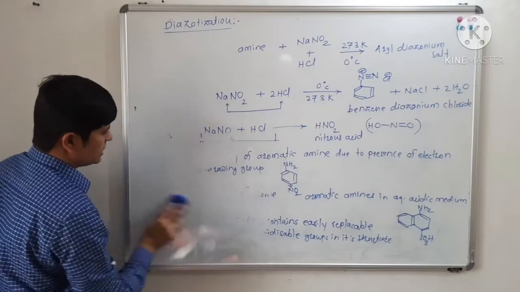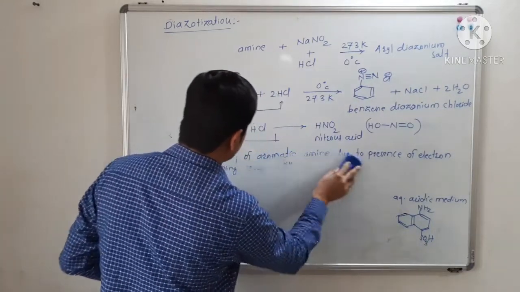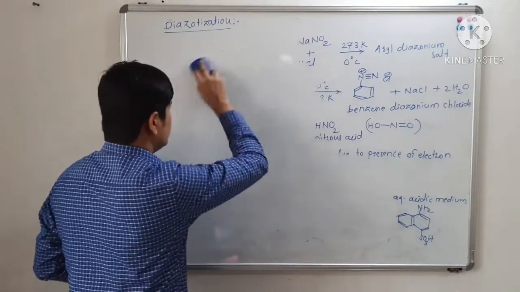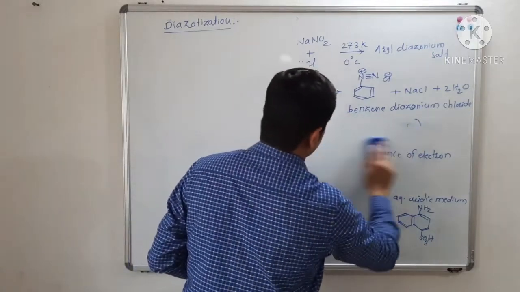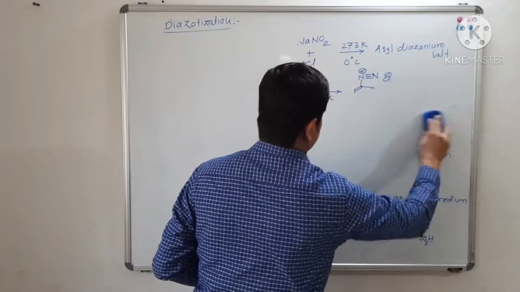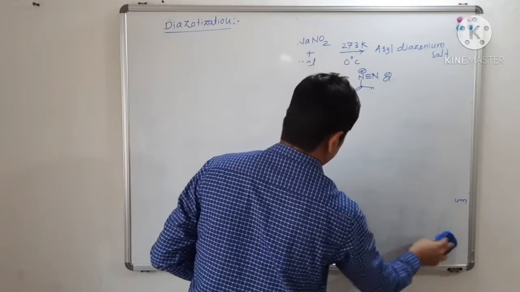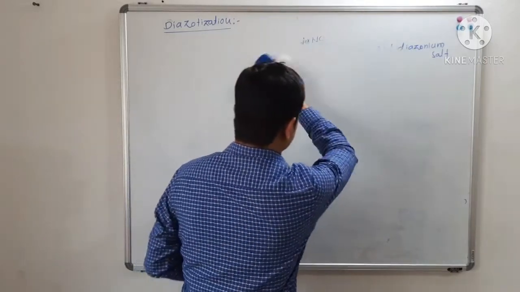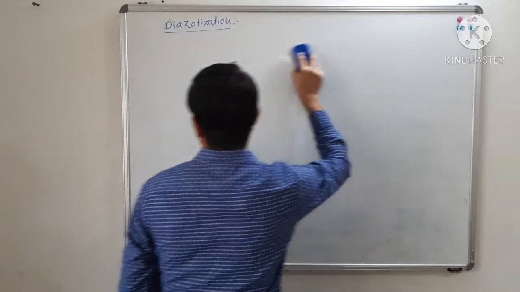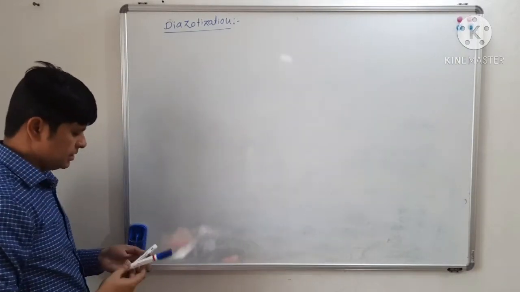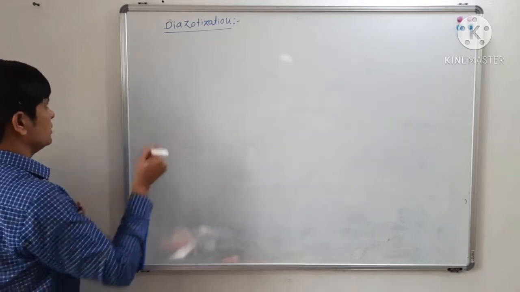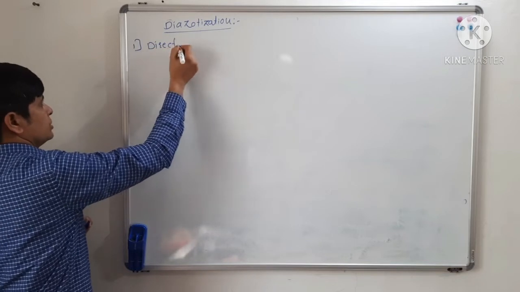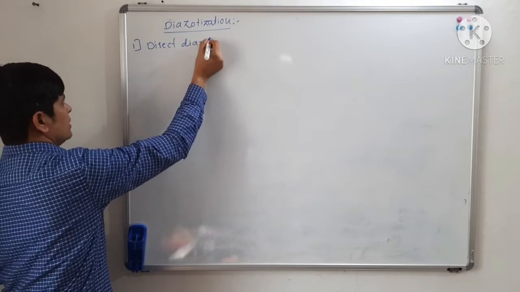Let us see the different types of diazotization reaction. The first type is the direct method, or direct diazotization.